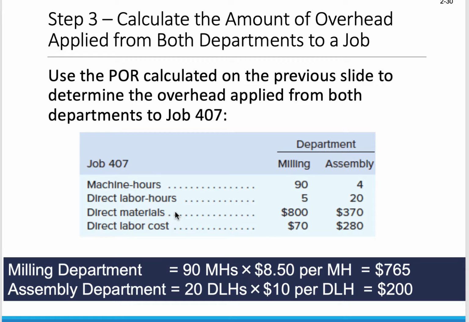For the milling department, 90 machine hours times the predetermined overhead rate of 8.5 gives us 765 of allocated costs. For the assembly department, we allocate overhead at 20 direct labor hours times $10 per direct labor hour, which is 200.